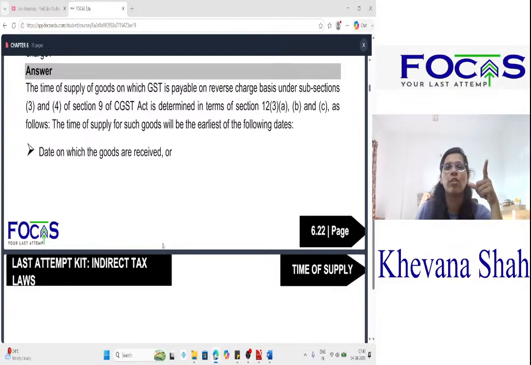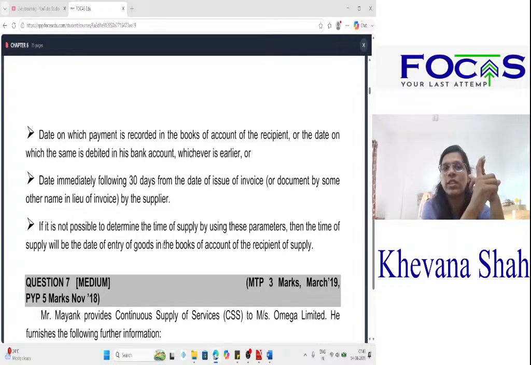First is the date on which the goods are received, the date on which the payment is recorded in the books of account of the recipient, or the date on which the same is debited in the bank account. Earlier of these three dates you will take, that is your first option, or the date immediately following 30 days from the date of issue of invoice or document by some other name in lieu of invoice.